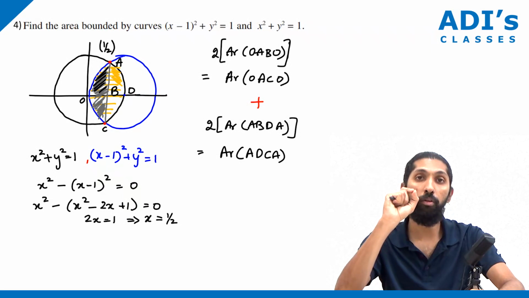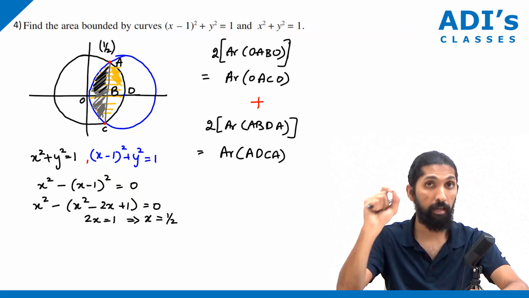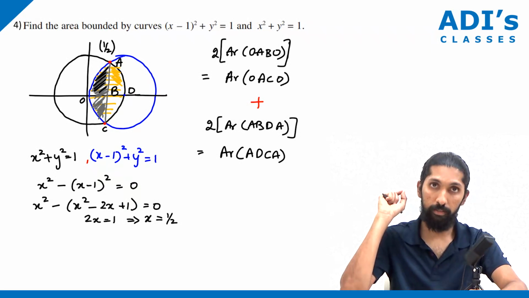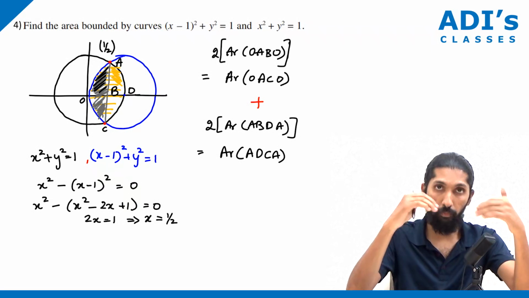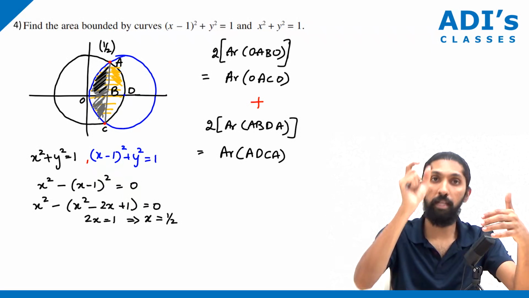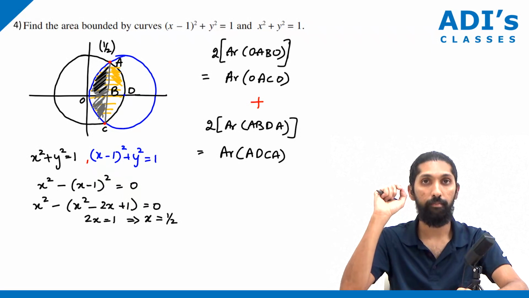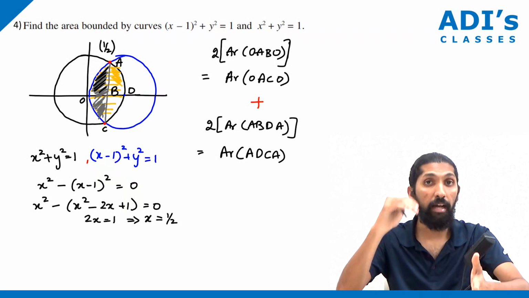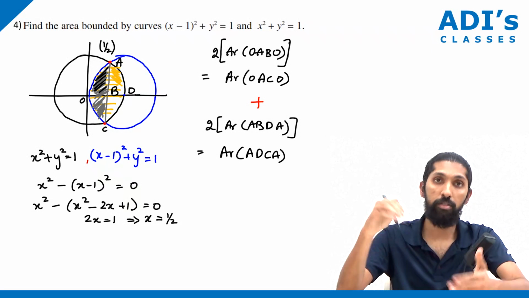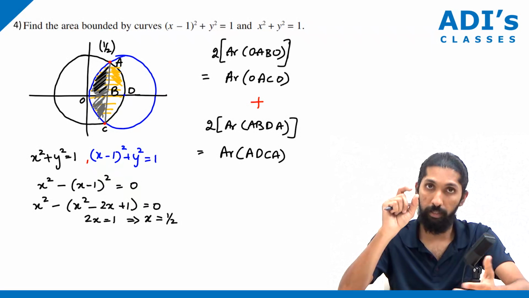Are you looking at the blue colored one or the black colored one? The blue one, isn't it? Because the blue colored graph is the one which encompasses that particular area, correct? And on the right side, the black colored graph is the one which is going to encompass that particular area.